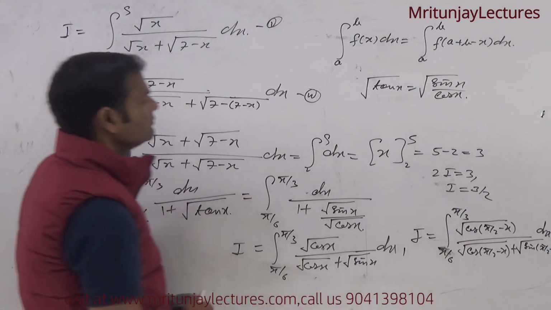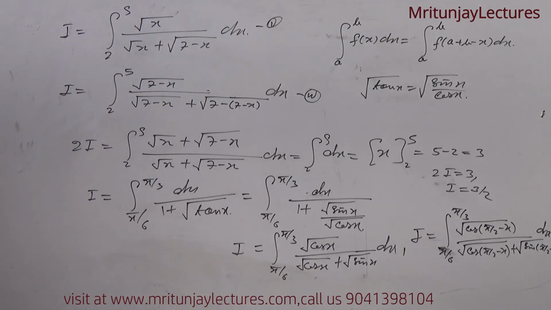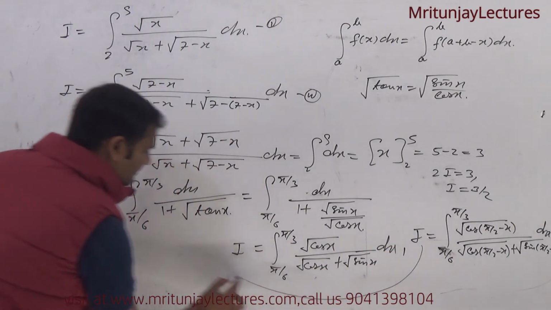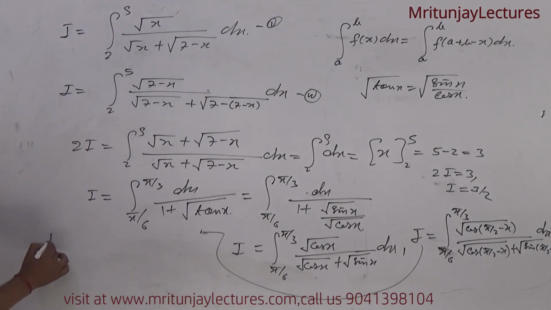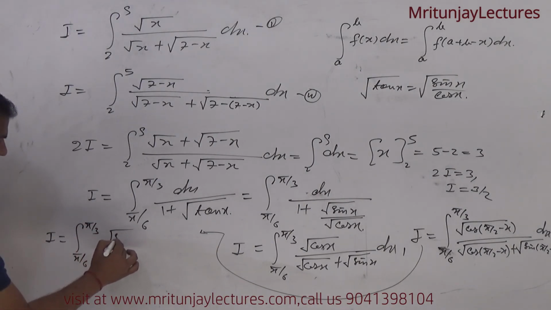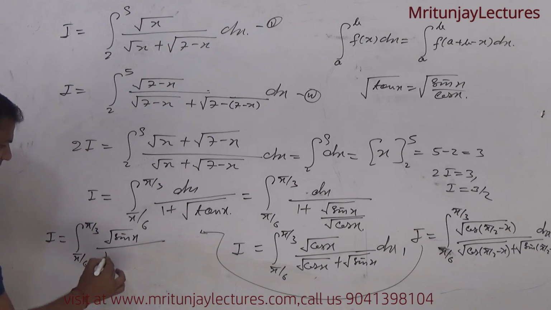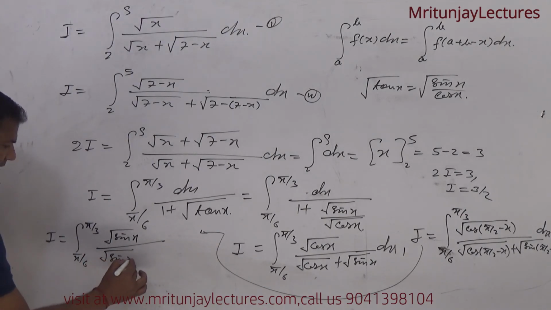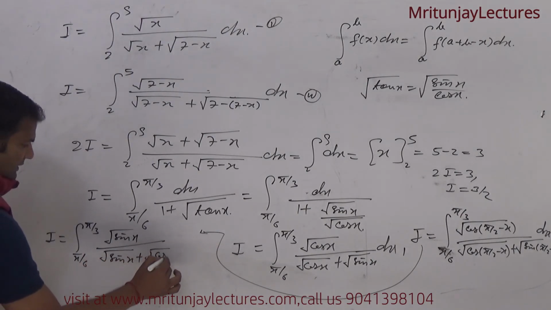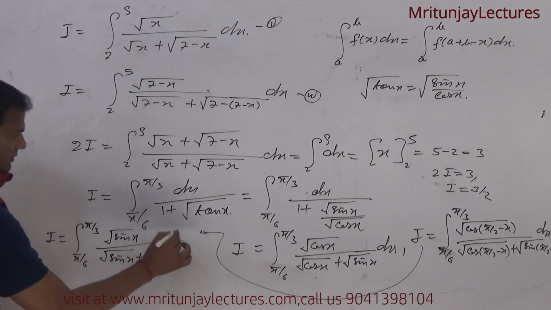First of all, make it. After that, I is written as the integral from pi/6 to pi/3 of root sin x divided by (root sin x plus root cos x) dx.